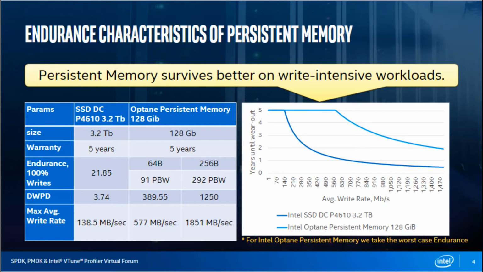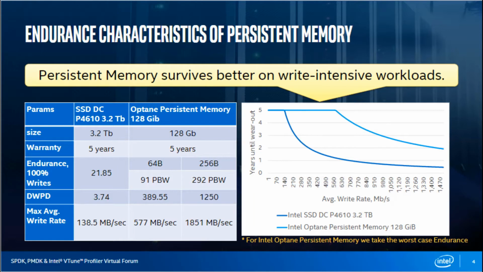The model is P4610, and the capacity is 3.2 terabytes. But I just did it for a quick exercise, and as homework, you can choose another model, find the spec on the Intel website, and do a comparison by yourself for the model you are interested in. I just did this comparison for illustration.